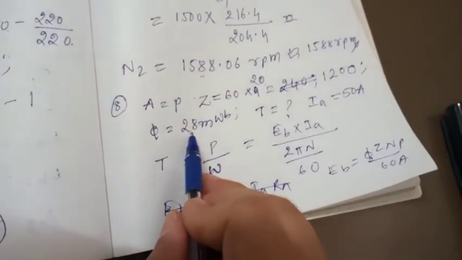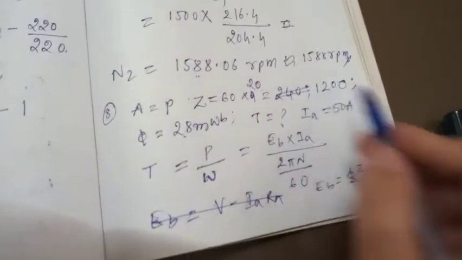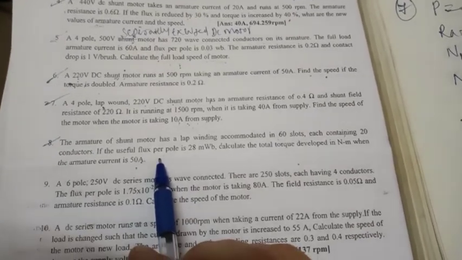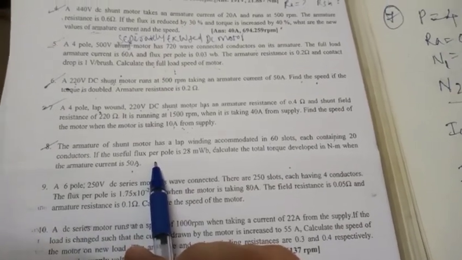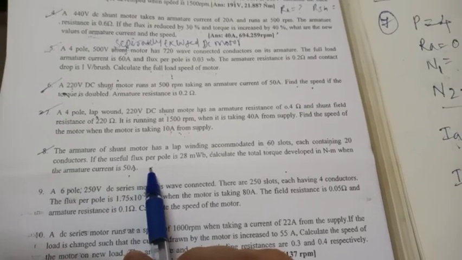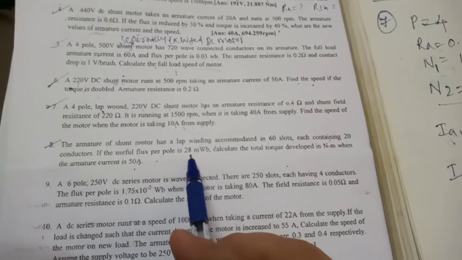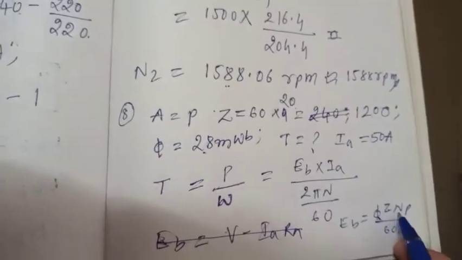Phi they have given, 28 milliweber, Z is 1200, but N is not given.